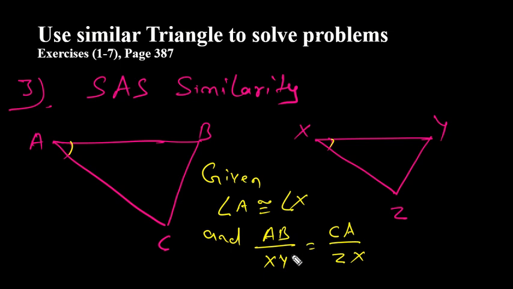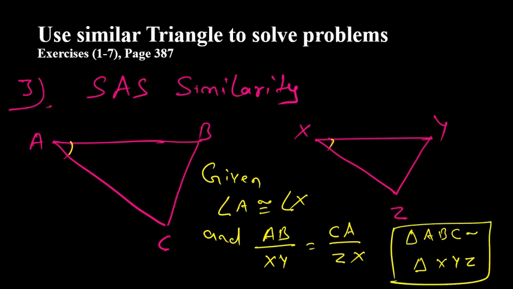If this is given in the question, when one angle pair is congruent and the ratio of two sides are equal, then also you can say triangle ABC is similar to triangle XYZ.